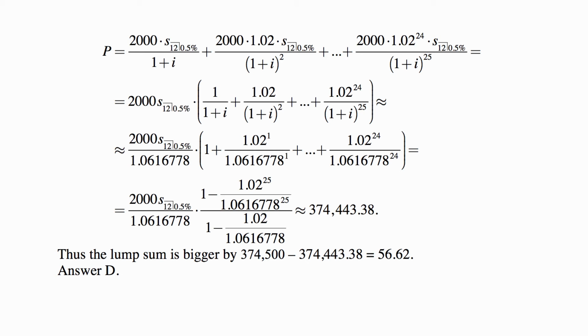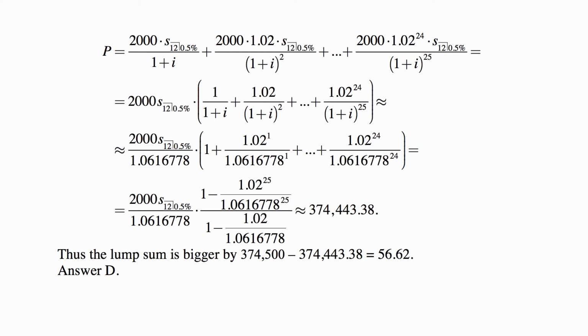We remember now what i is, so substitute that, but then we also pull 1 over (1 plus i) in front, so that inside we now have 1.02 over (1 plus i) to the 0, plus 1.02 over (1 plus i) to the first, up to 1.02 to the 24th over (1 plus i) to the 24th.